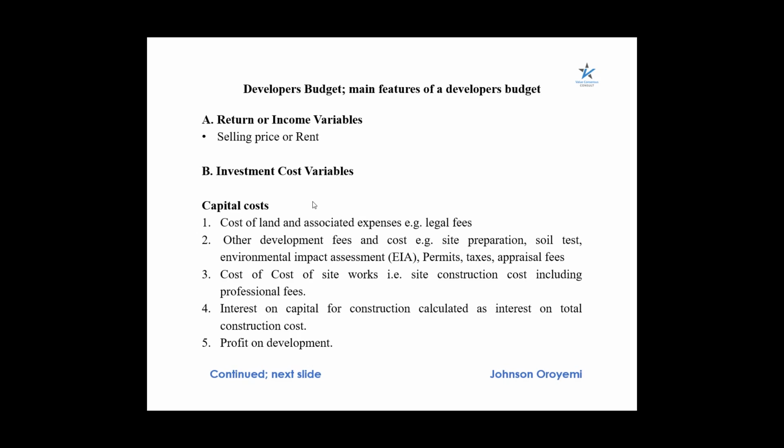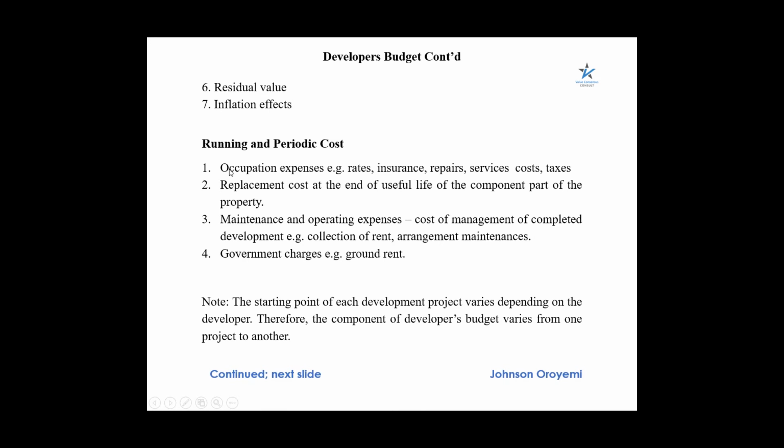You must also look at the future cost in terms of the annual cost and the periodic cost of that particular project. So under the investment cost variable, we are not only talking about the capital cost, but also the running and the periodic cost.